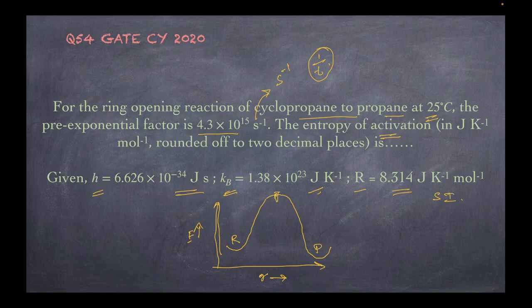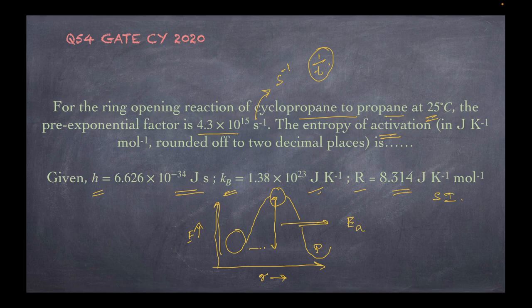So just a little bit of background. This is called the activated complex. The energy of the transition state or activated complex minus the energy of the reactants, this difference of energy, is the activation energy, or EA.